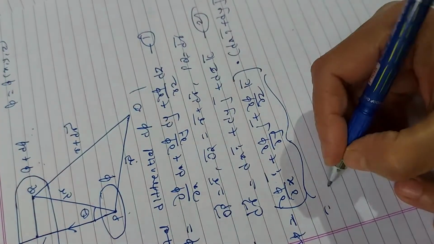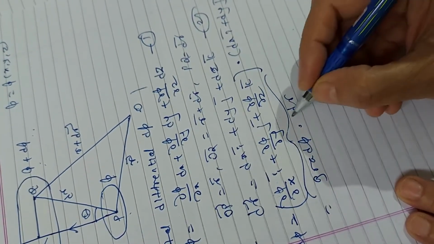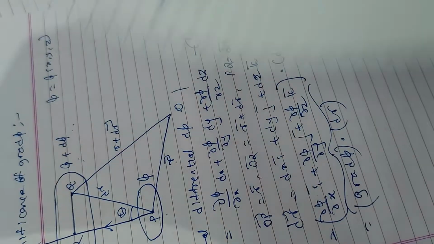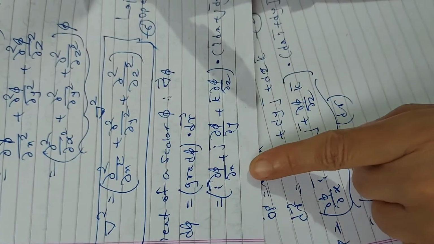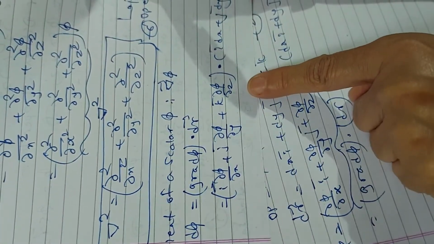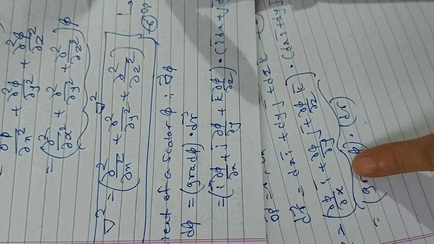That is my grad phi, and this is my dr. Grad phi is i del phi by del x, j del phi by del y, k del phi by del z. Writing i here or there doesn't make any difference.